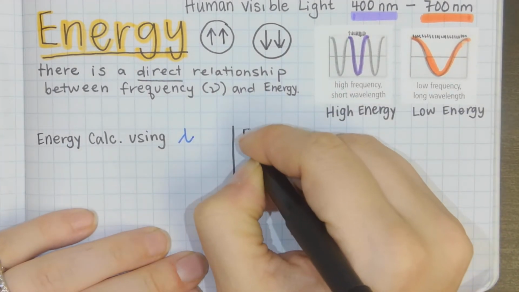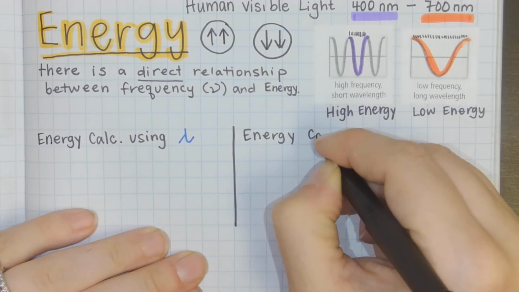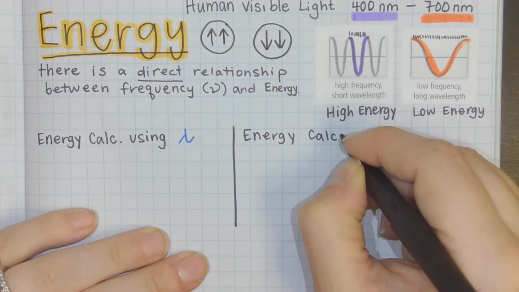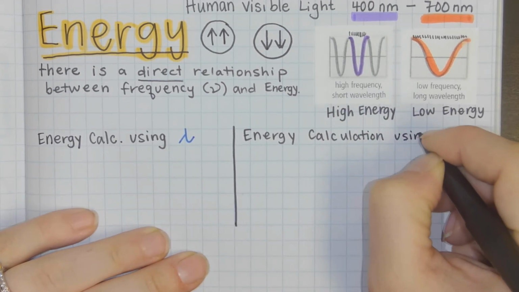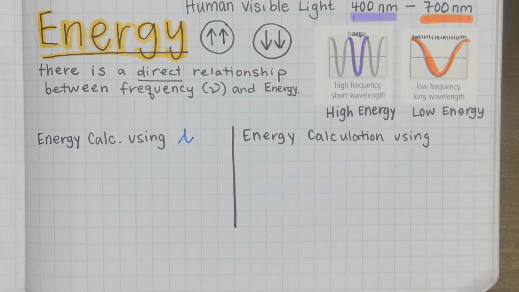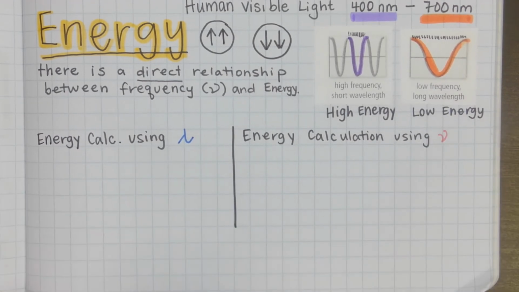And over here we'll do the formula for the energy calculation using frequency, that dabbing letter V.